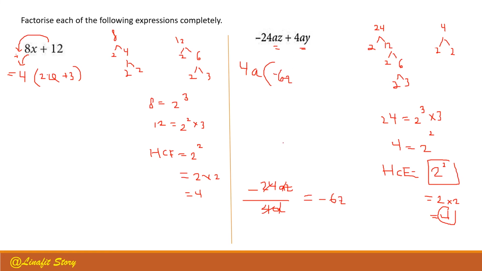And then 4ay divided by 4a is equal to positive y. So the answer is 4a, open bracket, negative 6z plus y. We usually leave the answer as 4a, open bracket, y minus 6z.